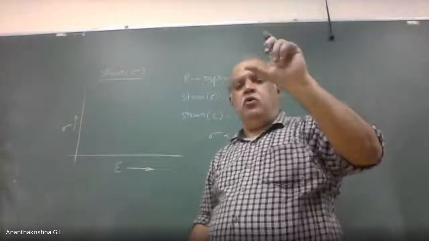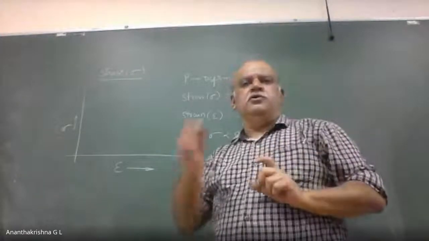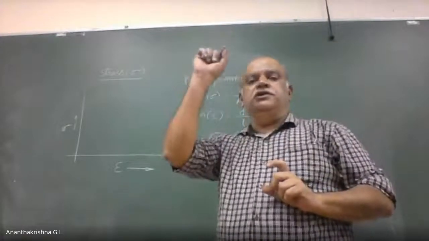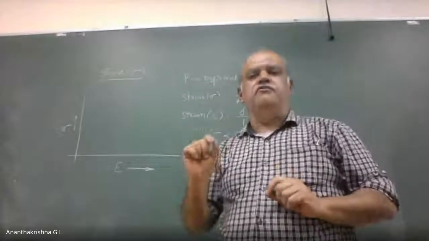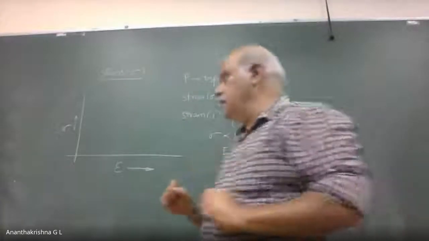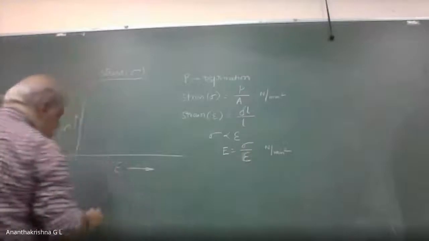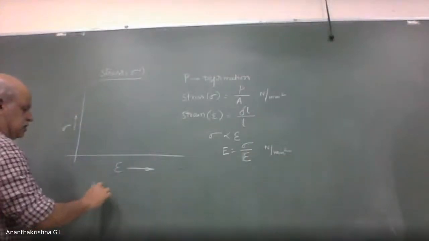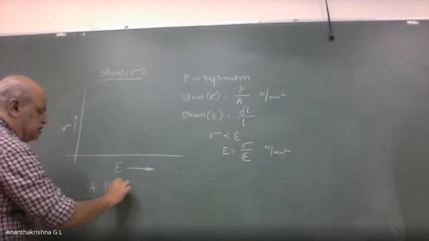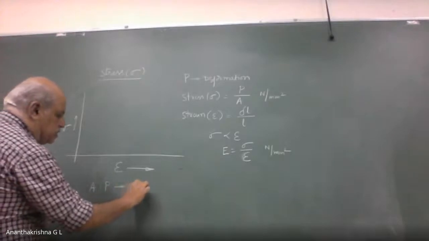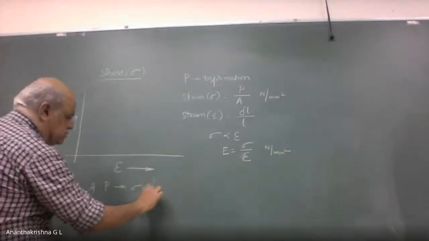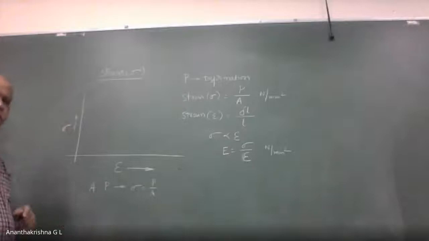For every load that we apply, we note down the change in length or elongation of the specimen. We know the original area of cross section, and we know the load applied. So for each load we get stress values given by P by A.